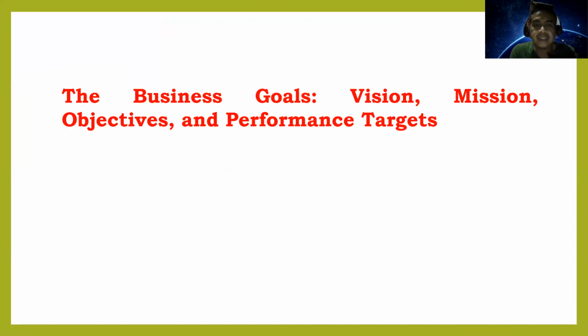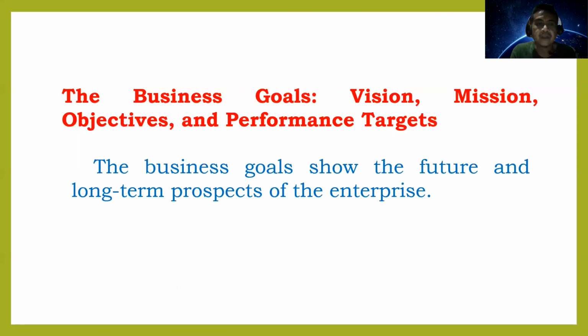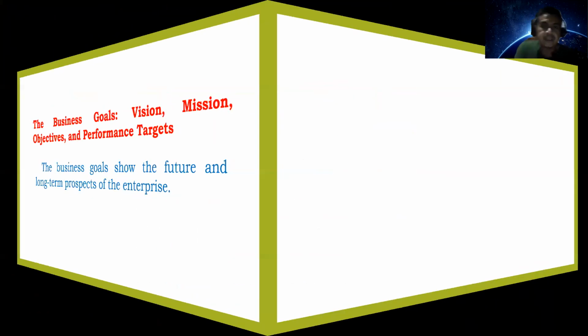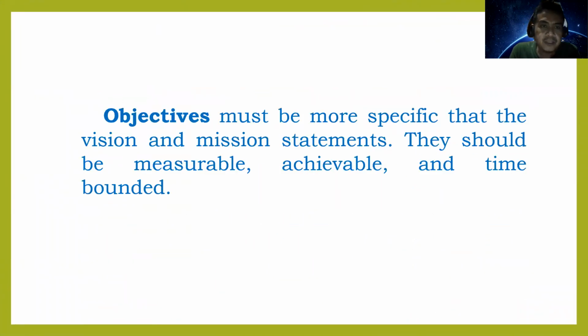The second part is the business goals: the vision, mission, objectives, and performance targets. The business goal shows the future and long-term prospects of the enterprise. It is composed of the vision, the mission, the objectives, the key result areas, and performance indicators of the enterprise. The objectives must be more specific than the vision and mission statements.